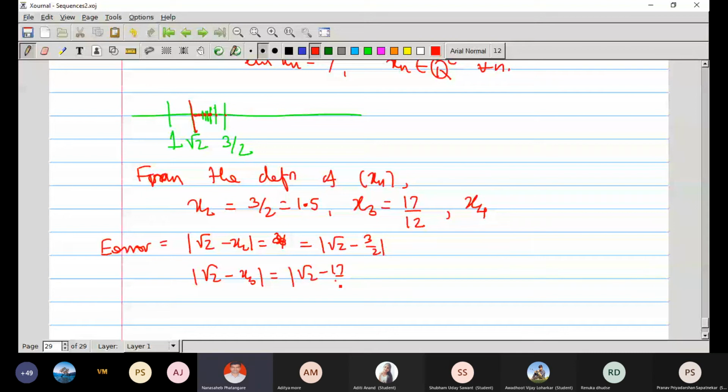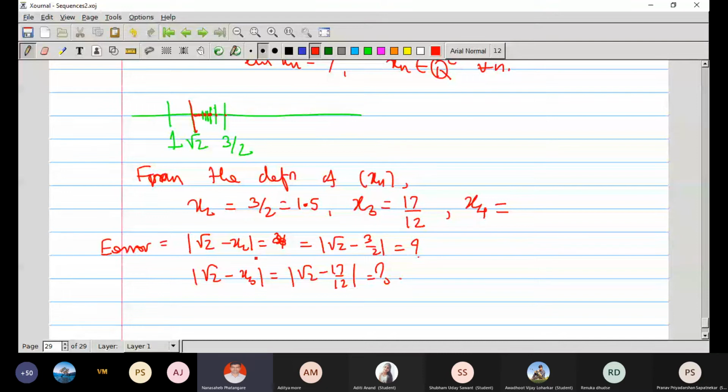Which error is small? The second one. So the second error is small. That means x3 is closer, a better approximation. If you calculate x4, it is even closer to root 2. x5 is still closer to root 2.